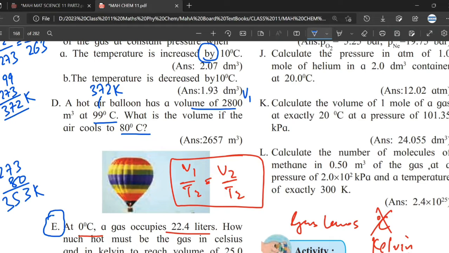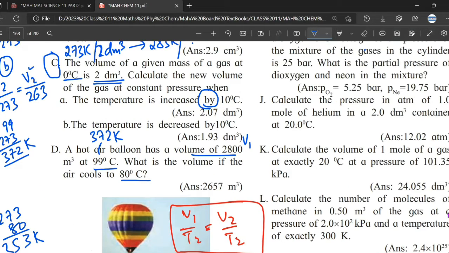So again, V1 upon T1, where T1 is 372, is equal to V2 upon T2, where T2 is 353. And again, my answer would come in meter cube. Ms. Avantika, did you get the right answer?